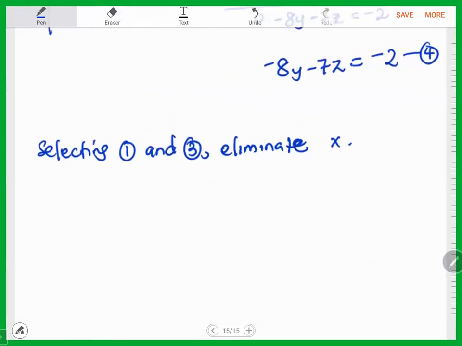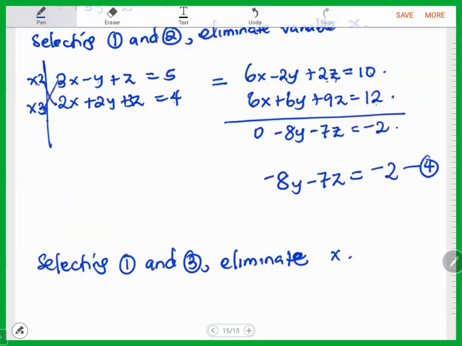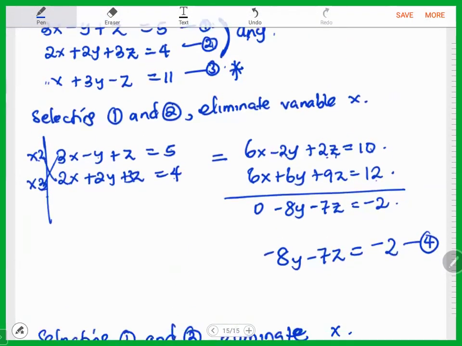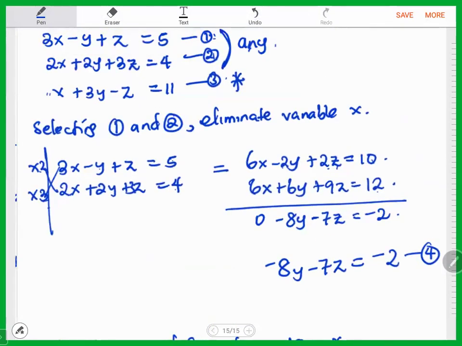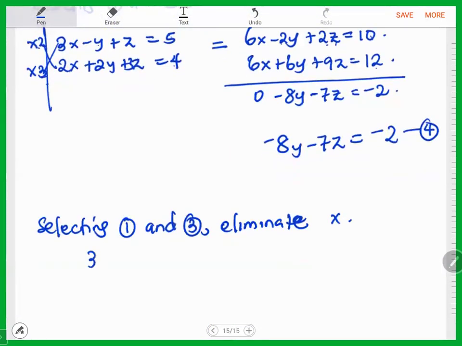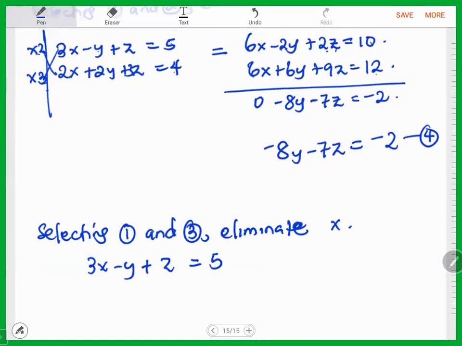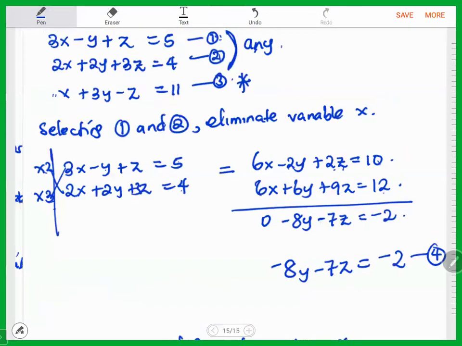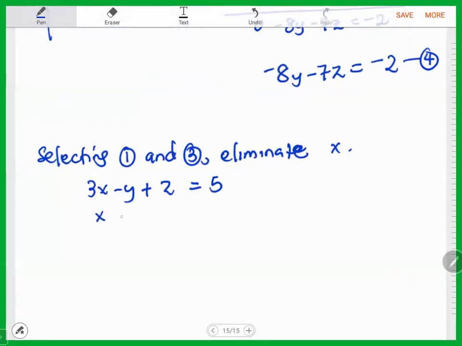So I have taken 1 and 3. So I will have 3x minus y plus z is equal to 5. And the other one is x plus 3y minus z is equal to 11.